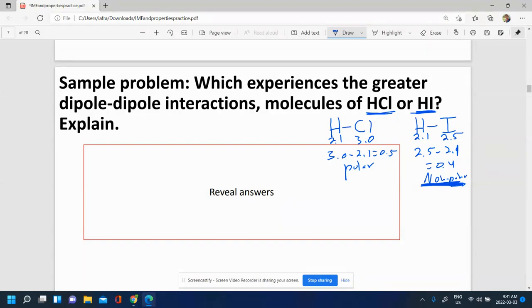Let's just pretend for a moment that it's so close to being polar that we'll consider it polar just for this question. So both of these, let's just say, will experience some degree of dipole-dipole.